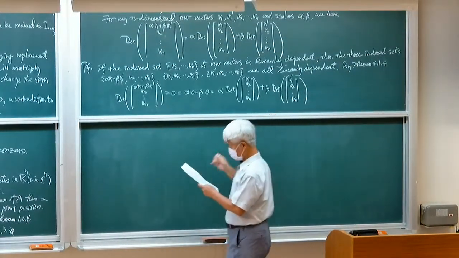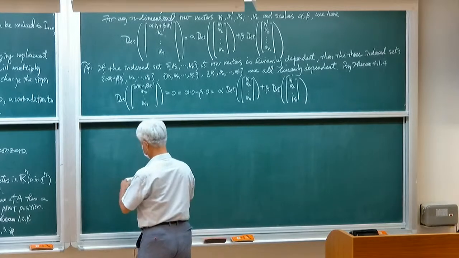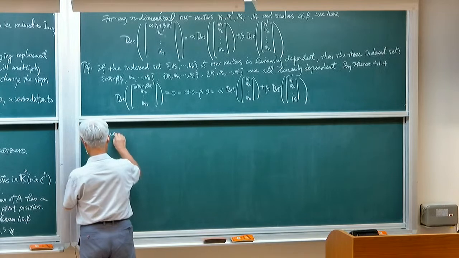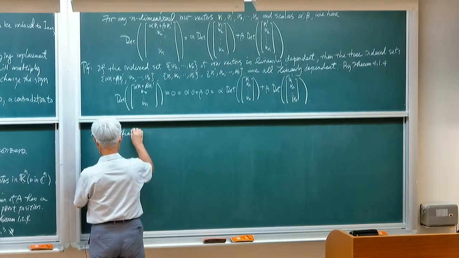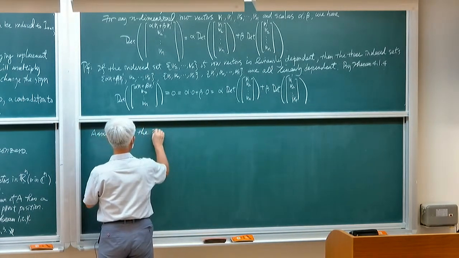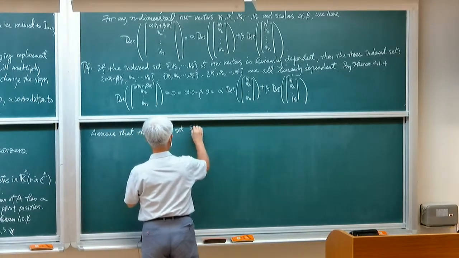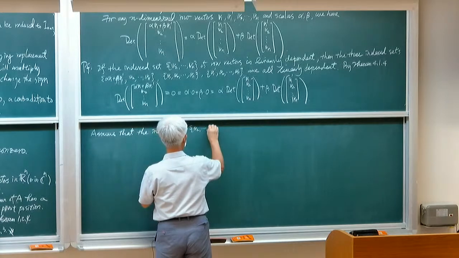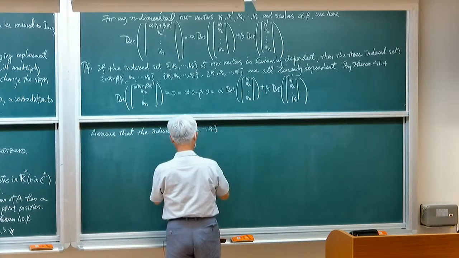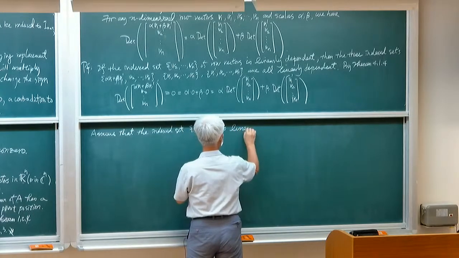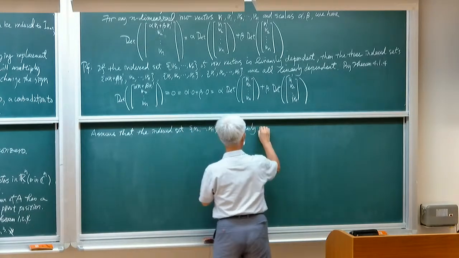All right, so for the other case, assume the index set R2 up to Rn is linearly independent.